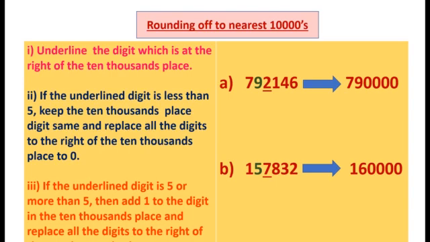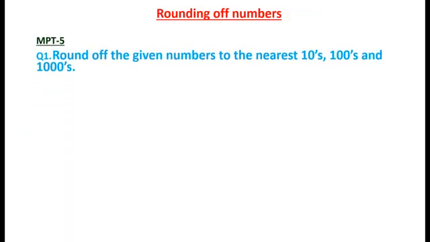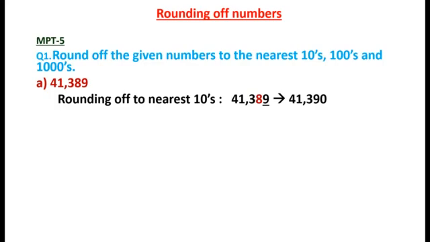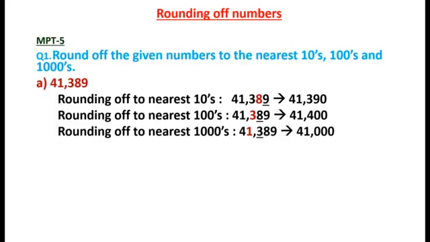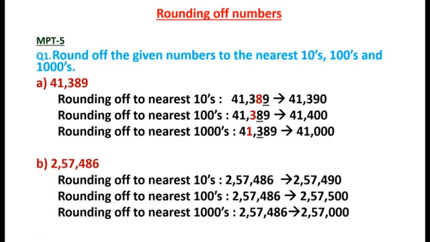Okay, children. Now for rounding off the numbers, the same thing we have done for tens, hundreds and thousands. The questions I have solved here have the same numbers for tens, hundreds and thousands. One question I'll tell you: rounding off to the nearest tens. The number is 41,389.